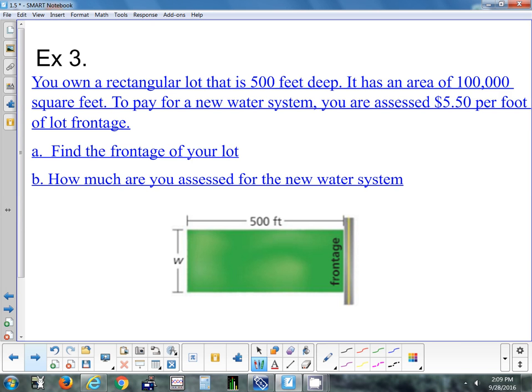That's called the frontage. So they're going to ask us 2 things. Given the information, how much frontage do we have in our yard? And the second thing, once we know that, how much are they going to charge us to put in a new water system? So you have to find part A before you can do part B.